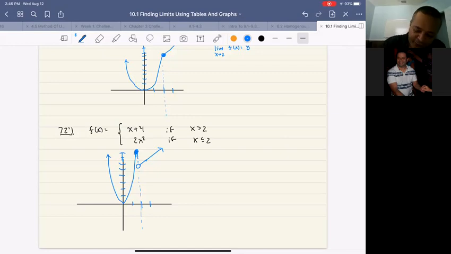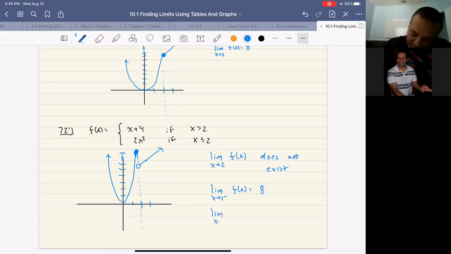Okay, so the limit as x approaches 2 of f of x does not exist. Just like before, we'll take a look. The limit as x approaches 2 from the left of f of x, from the left, it's going to equal 8.